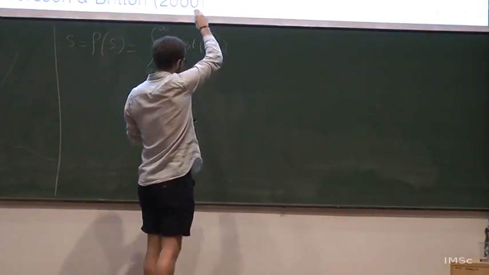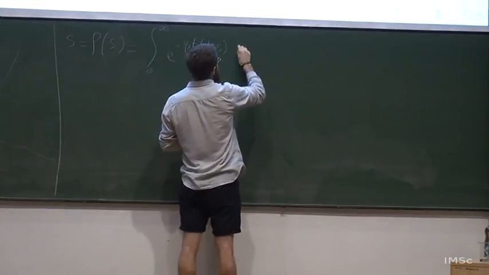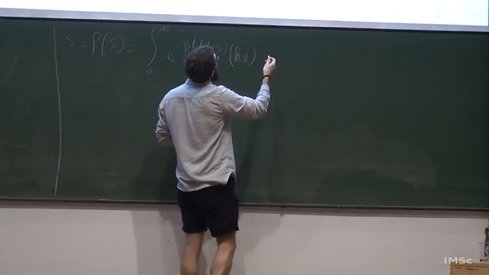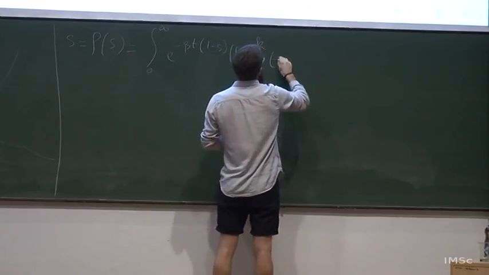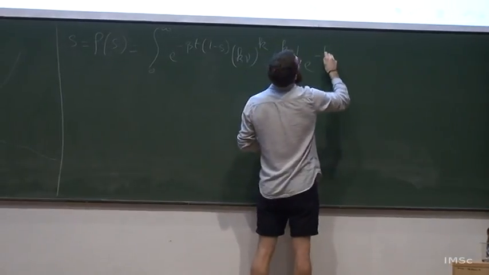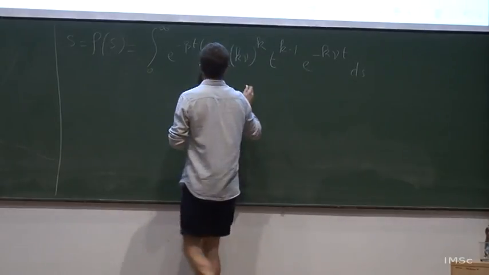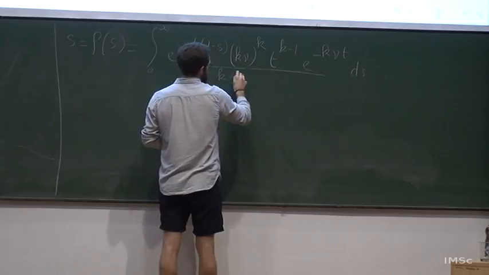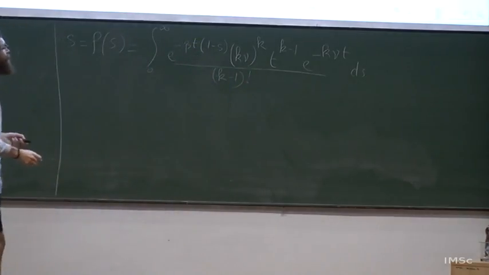And now I'm replacing g by my probability density function of the Erlang distribution: (k mu) to the k, t to the k minus 1, exponential of minus k mu t, dt, over factorial k minus 1. So you need to integrate this.